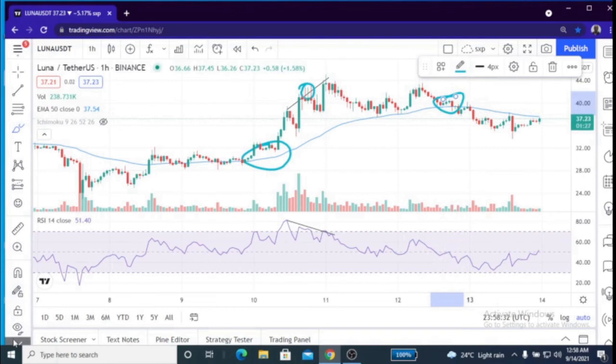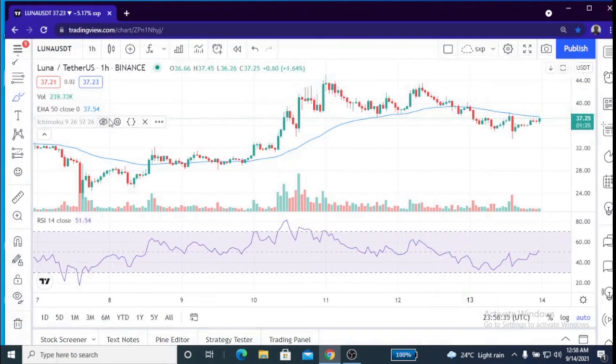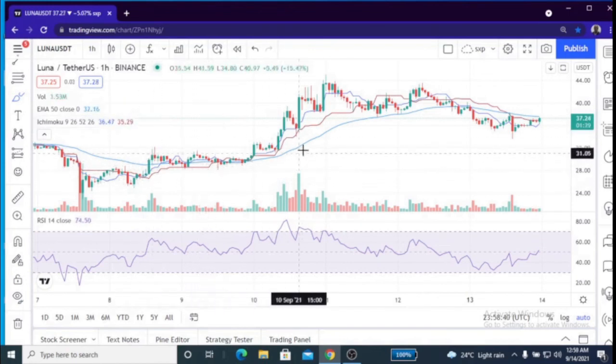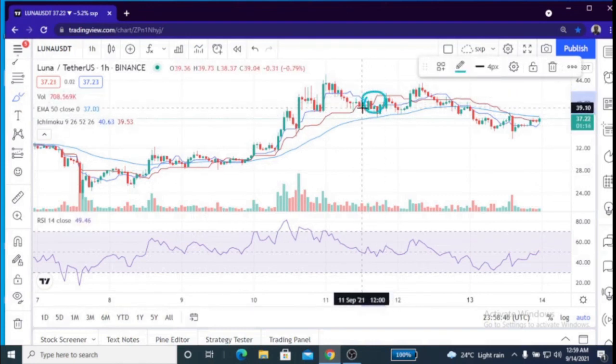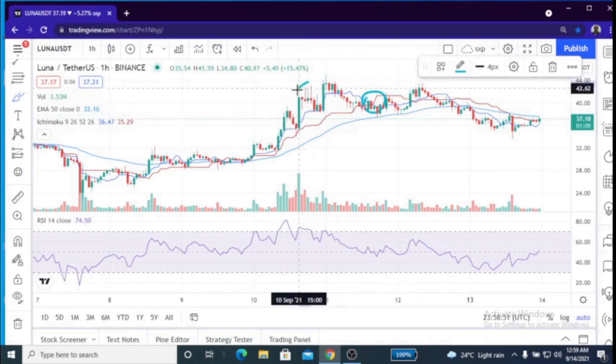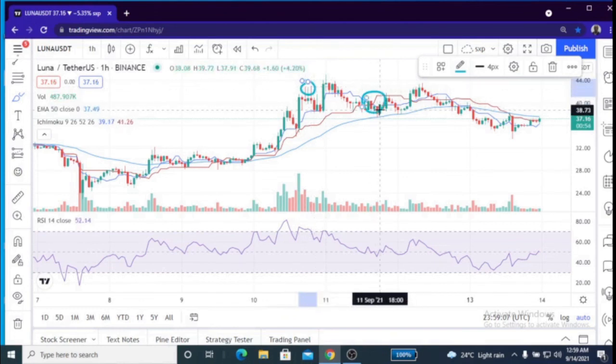At the same time, if we have entered with our Ichimoku lines, which was our entry signal, it could have taken us far to this place before we could take our profit, and we would have lost some decent amount of profit if we did not take it around here. So I think the RSI is a good indicator to show us when to exit our trade, rather than following the Ichimoku cloud lines or the 50 period moving average.